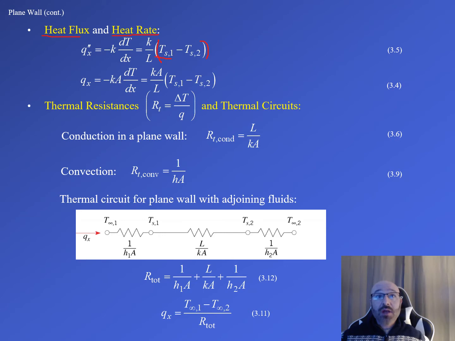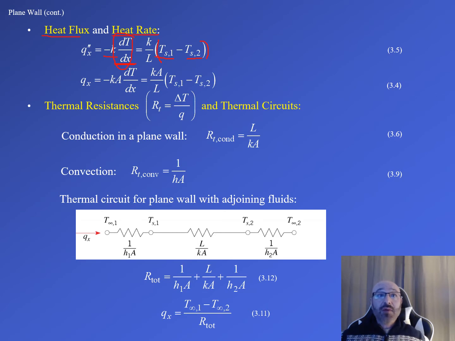So TS1 for our particular case in our diagram we just looked at is our left surface temperature, and our TS2 is our right surface temperature. So this K over L times the temperature difference is equal to this negative K times dT/dx. We're simply putting in there that change in temperature with respect to that distance x.